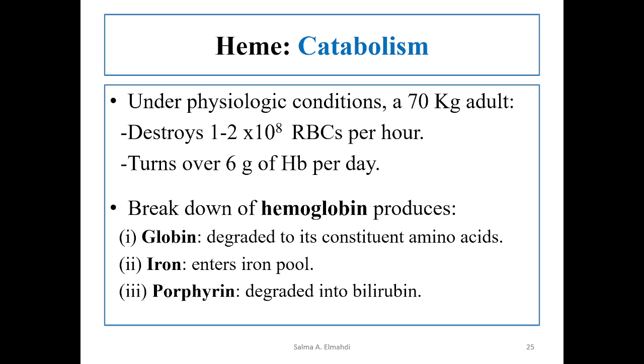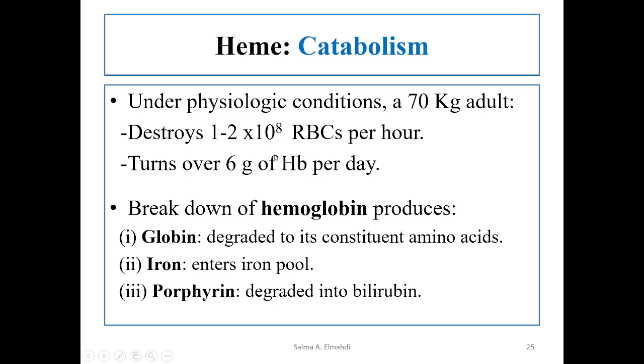How is heme catabolized in the body? Under physiologic conditions, an adult human weighing 70 kilograms destroys around 1 to 2 times 10 to the 8th RBCs per hour. This is a huge number of RBCs being destroyed, releasing their hemoglobin. An adult turns over around 6 grams of hemoglobin per day.